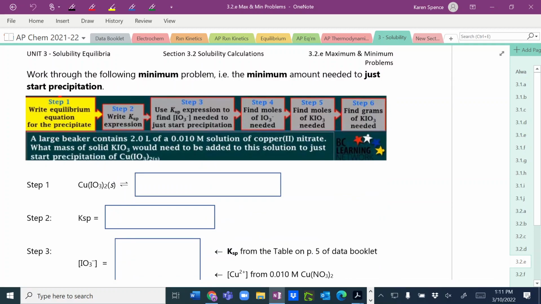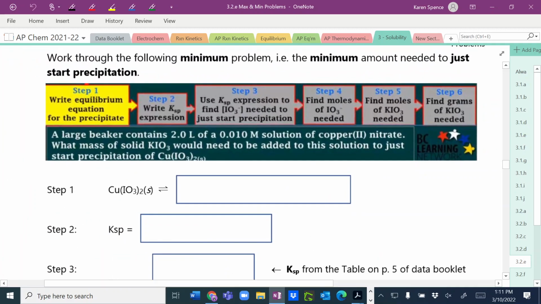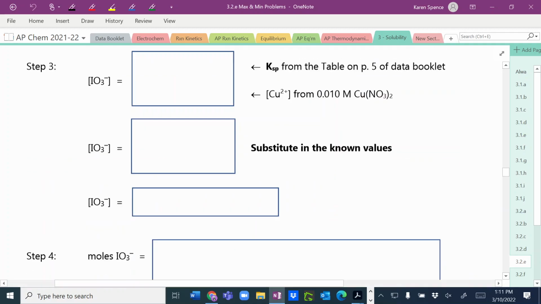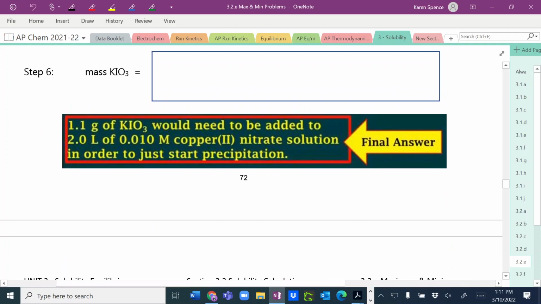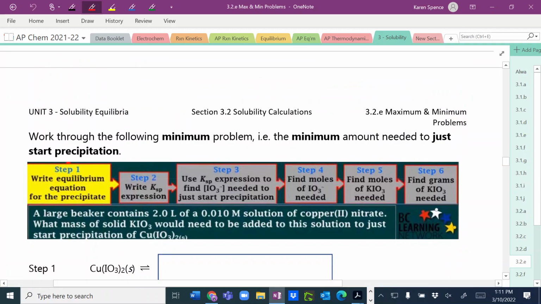Work through the following minimum problem. So these are problems where we are looking for the minimum amount to just start precipitation. This is on page 72. The key thing with minimum problems and maximum problems is that they both exist when the ion concentrations multiplied together exactly equal KSP.